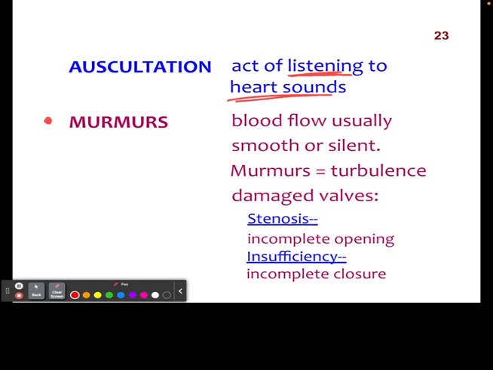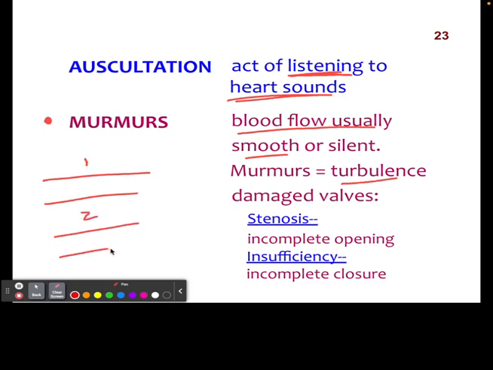A murmur is an example of a sound you might hear when you're listening to the heart, where you hear some sort of turbulence because the blood flow is not smooth. So instead of just hearing the blood continue moving then stopping, you might hear that blood sounds like it's still flowing in between heartbeats. And that's because, here's my little picture of a blood vessel.